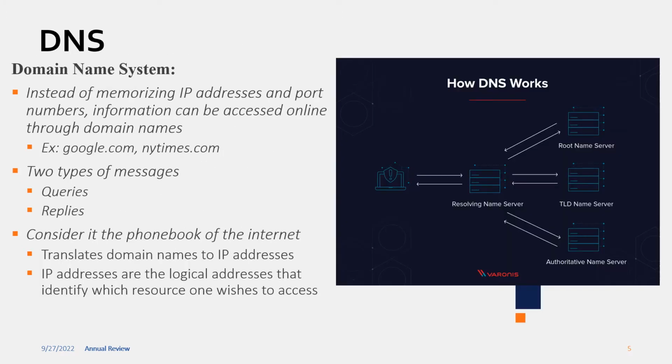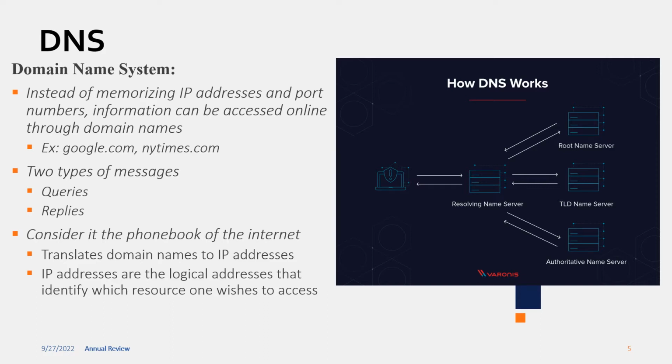Now, the Domain Name System. You know how we're able to use the URLs and the domain names in order to access certain web pages? That's because of this system. Instead of having to memorize the IP addresses and the port numbers, these act as our logical addresses. It operates under two types of messages. Queries, which are also known as the requests for information, taking us to the location where we can retrieve it.